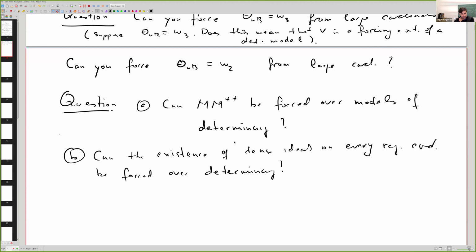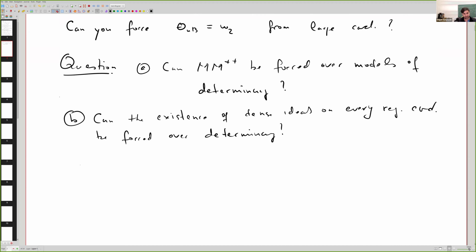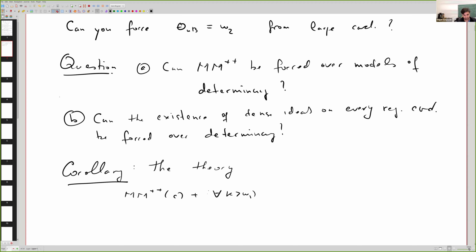And I guess the consequence of the things that I would like to talk about is this corollary, of the things that I will state later on. The theory MM plus plus, for every kappa greater than omega-1, square kappa fails.